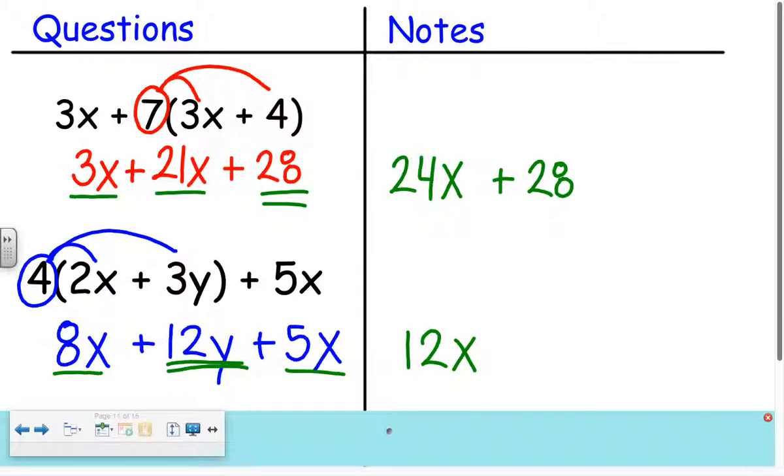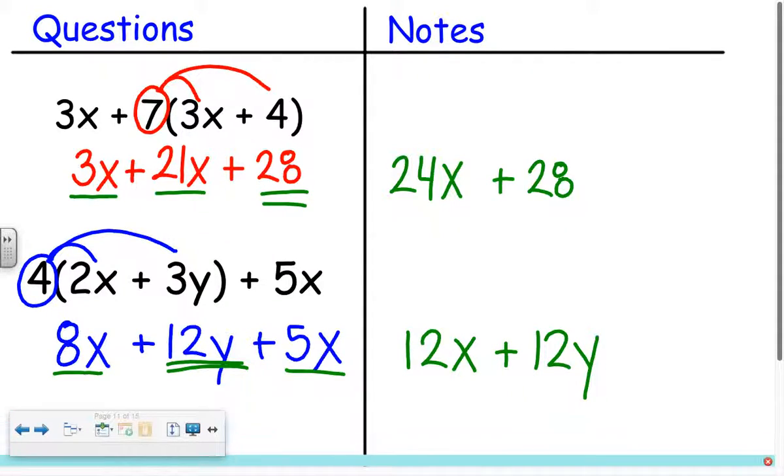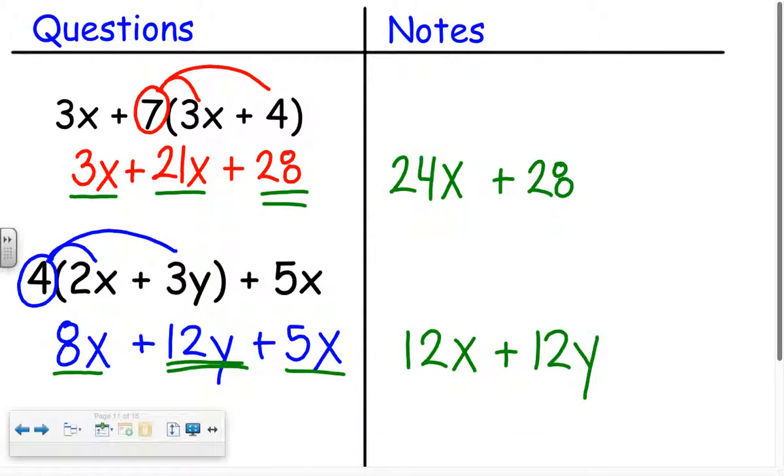And then plus 12y. X comes before y, so my answer looks good. 13x plus 12y. Oh, I just realized I did 8 plus 5 wrong. 8 plus 5 is 13. Change that. 8x and 5x make 13x.